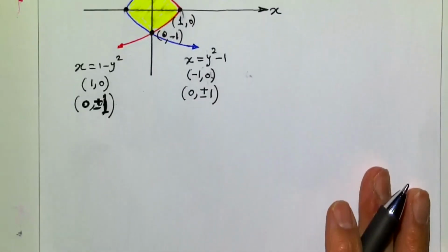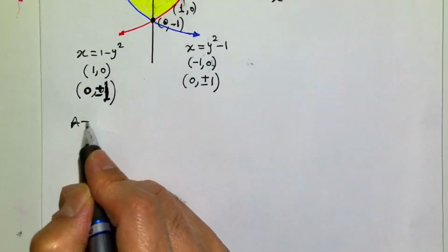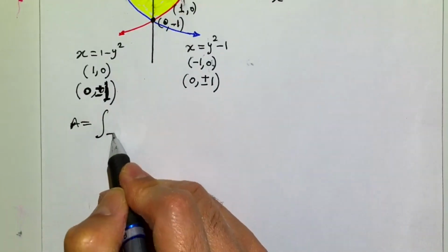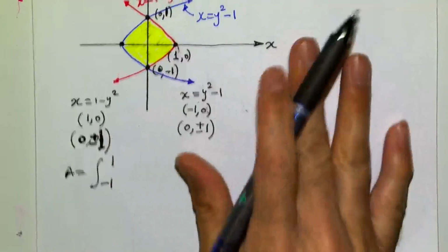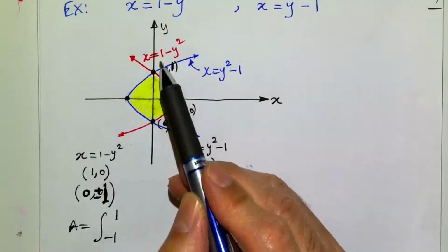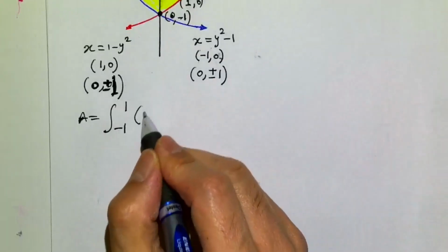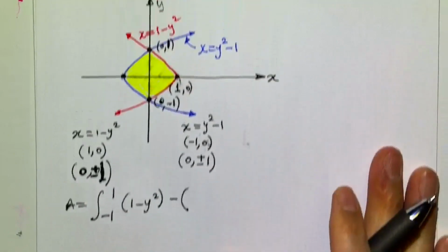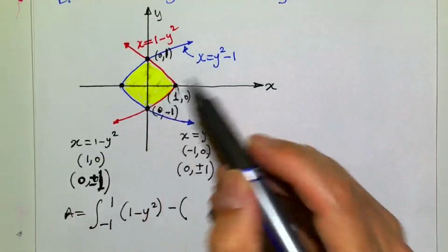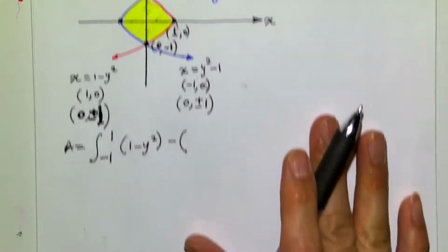All right, so we have A, the area, equals the integration from -1 to 1. The right curve is this one, 1 minus y squared, minus the left curve, that one, which is x equals y squared minus 1.